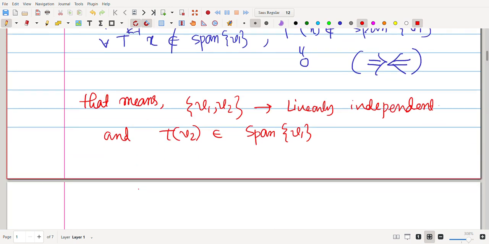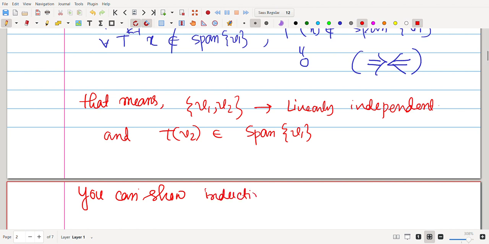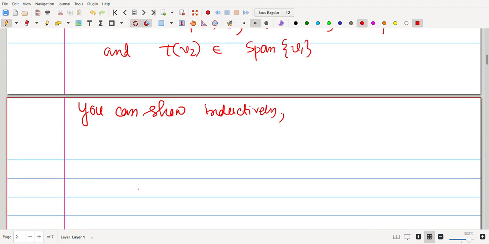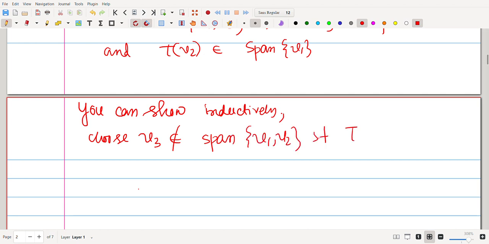Now you can do an induction. So you can show inductively that in this way, the next step will be to choose V3 which doesn't belong to span of V1, V2 such that T of V3 is in span of V1, V2.